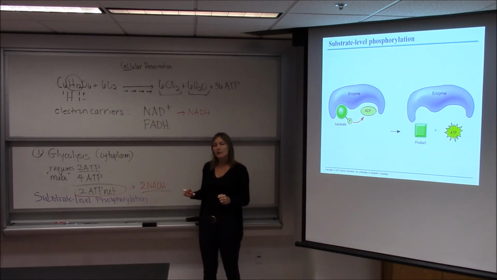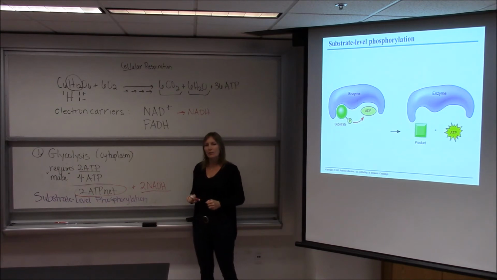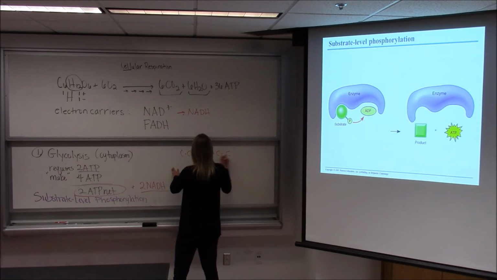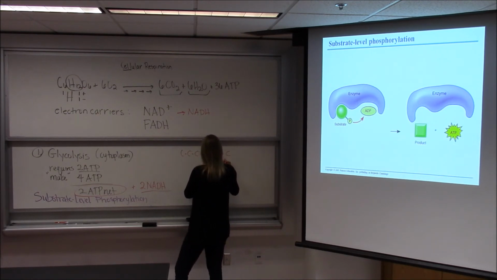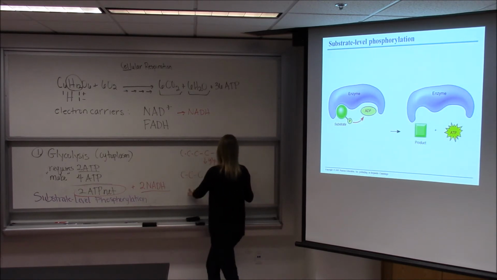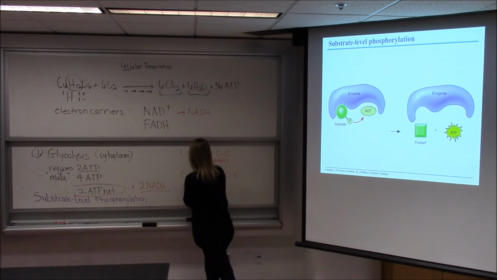And at the end of glycolysis, we have taken that 6-carbon glucose molecule. We've gone through all of these steps, and we end up with 2 3-carbon molecules called pyruvate.